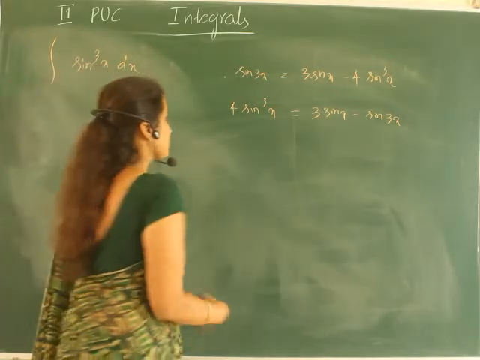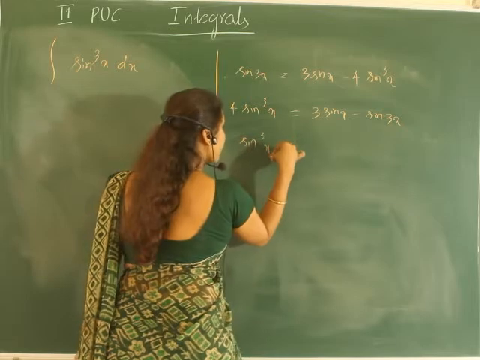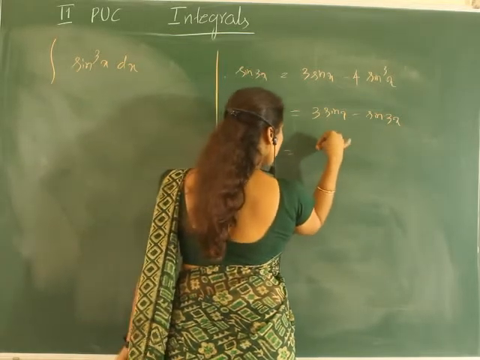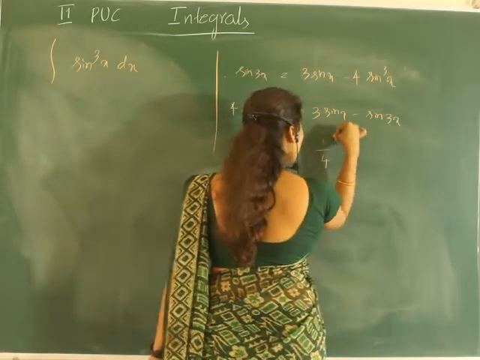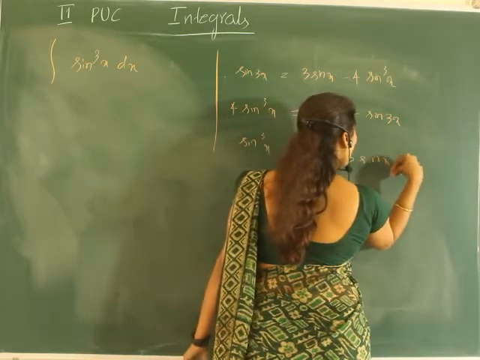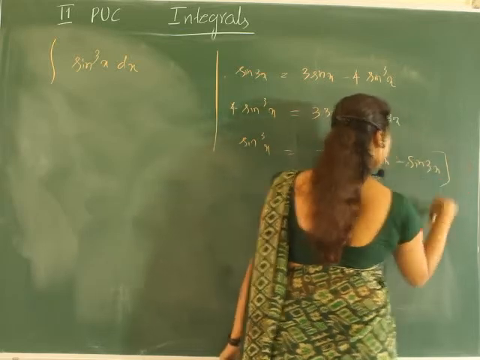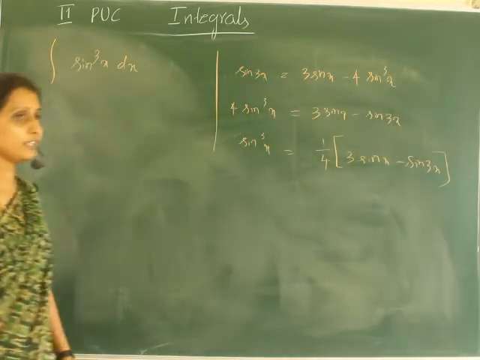So sine cube x is equal to 1 by 4 into 3 sine x minus sine 3x. So this is the formula of sine cube x.